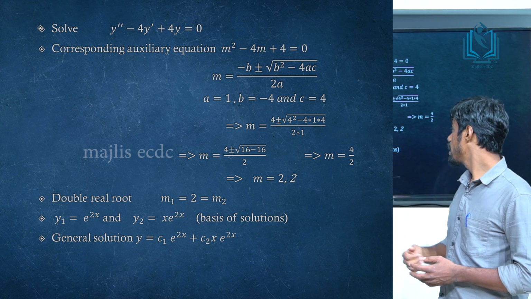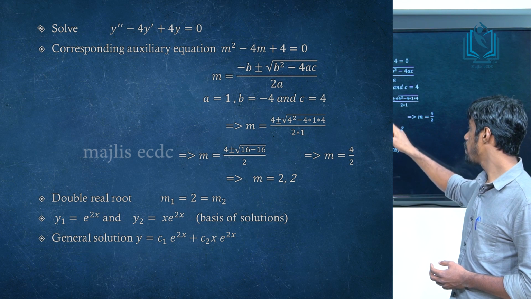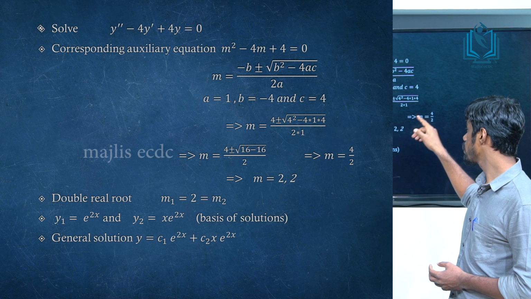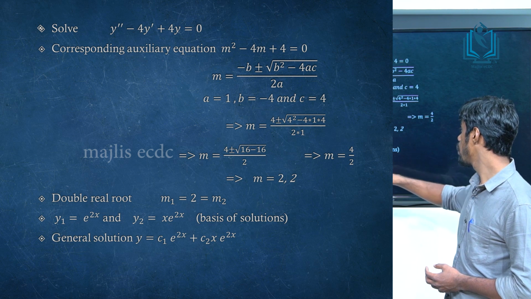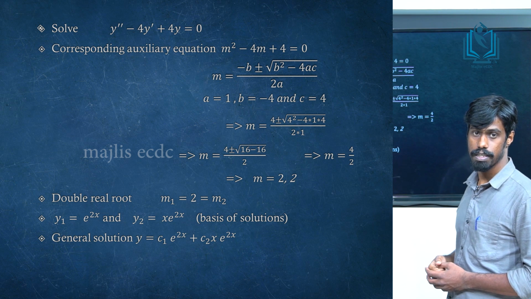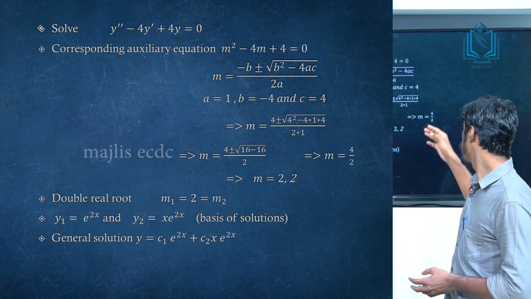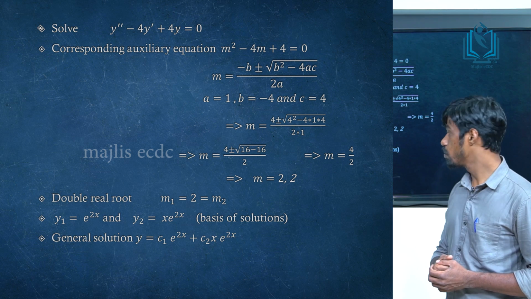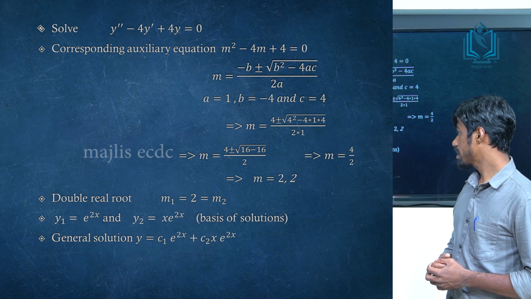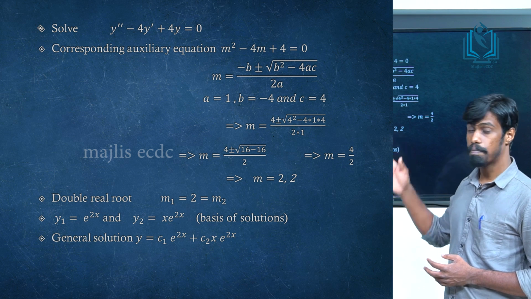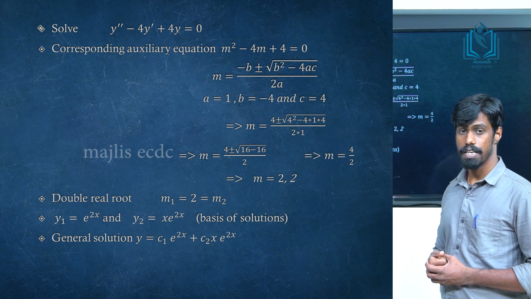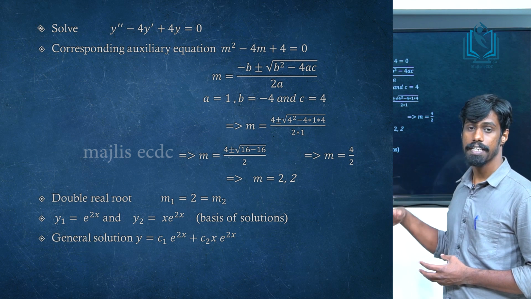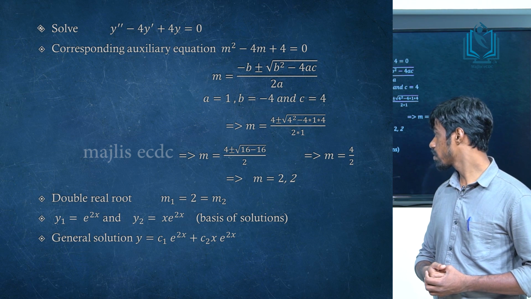Then we get m is equal to 4 plus or minus root of 16 minus 16 all divided by 2. Then m is equal to 4 by 2, m is equal to 2, 2. That is the double real root, m1 equal to 2 and m2 is equal to 2.